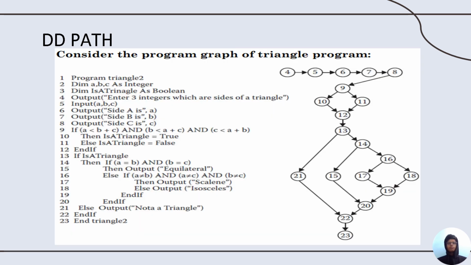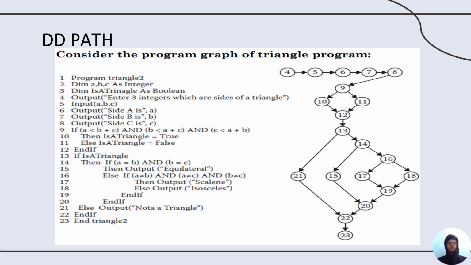Here we will be considering the triangle problem in DD path. First, the program Triangle 2: we take three integers, that is a, b, c. Then there's an output given. Basically we can give any values, so you can consider like 3, 2, 3 or 3, 4, 5.